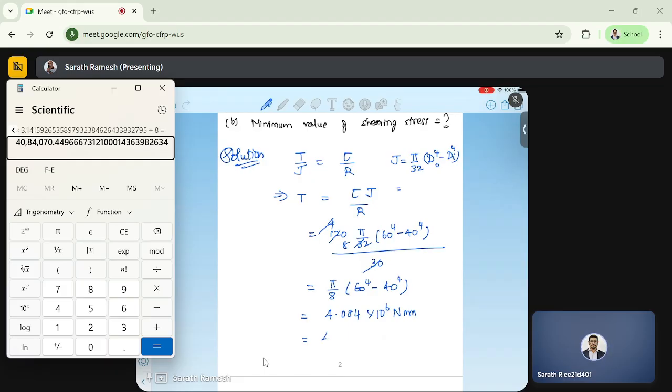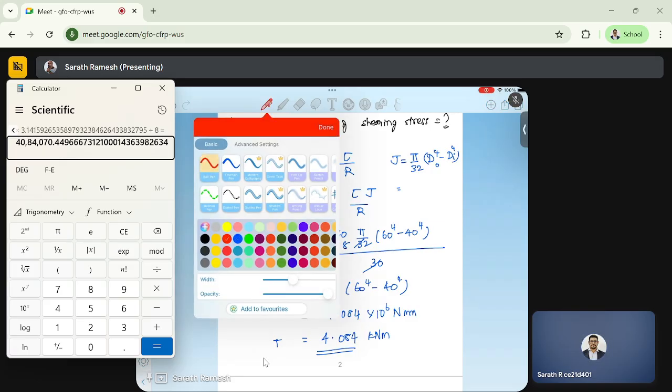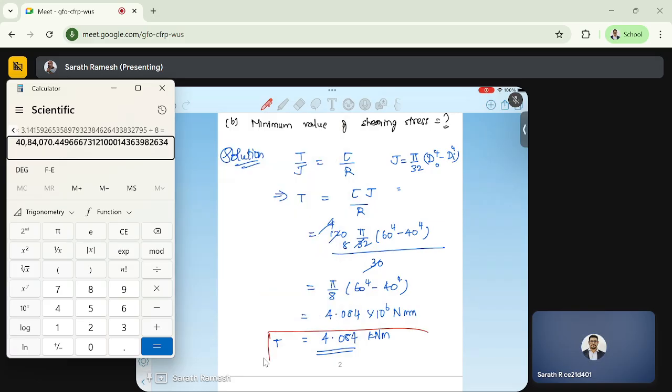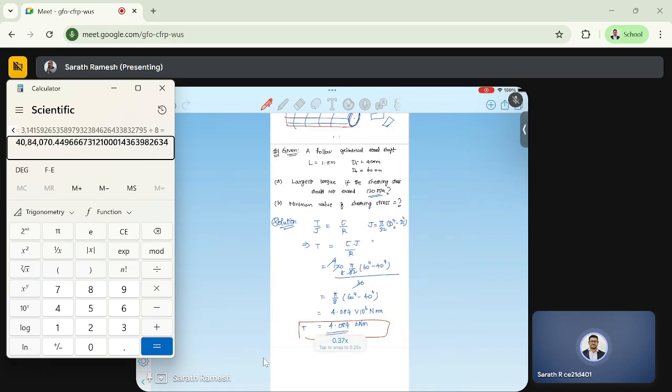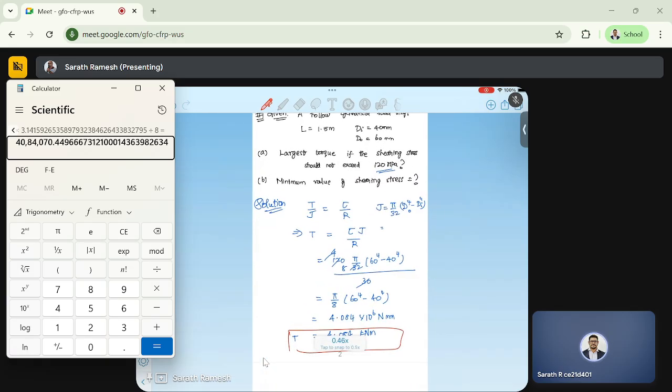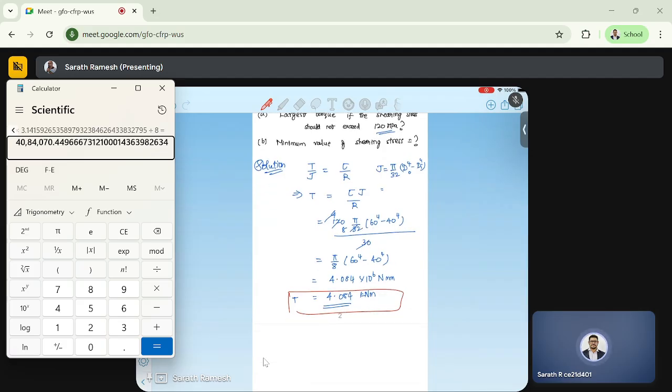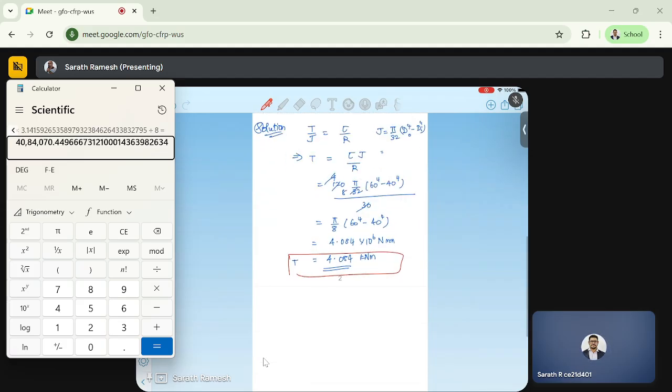And this I can write as 4.084 kilonewton meter. Okay, this is my T. This is the maximum value of torque which can be resisted without the shear stress exceeding the maximum limit given.